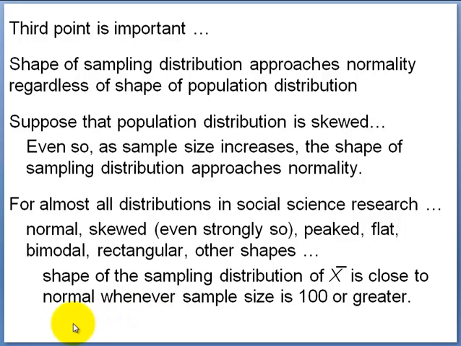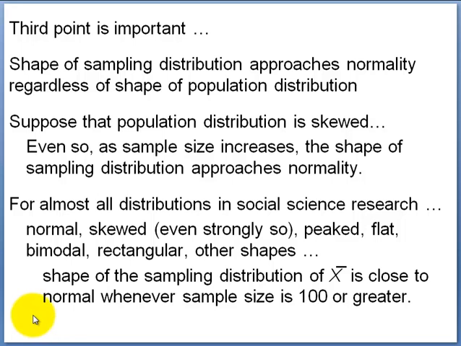I'm just going to add a technical caveat. It is possible, for instance, for a distribution to be so very skewed that this point would not hold. So if you had a distribution that was even more strongly skewed than the extreme skew figures in Chapter 5, it's conceivable that sample size might need to be a little bit larger than 100.